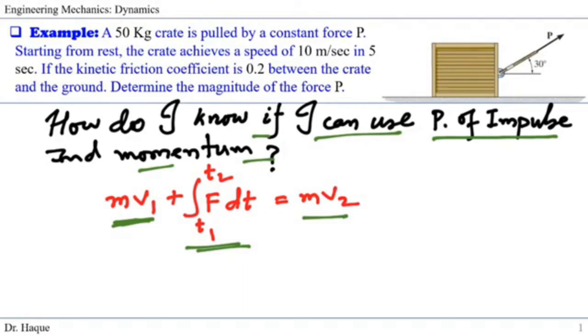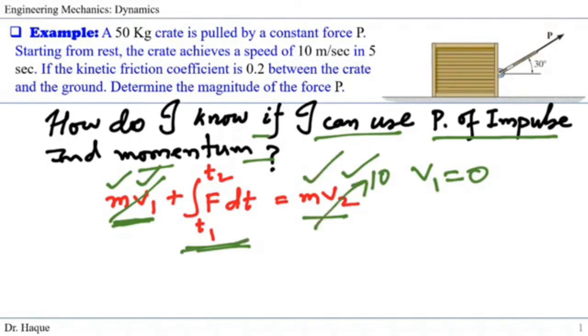Let's examine the equation more rigorously. I have the mass given, and the initial velocity v1 is 0 because it starts from rest. I have v2 as 10, and I know the mass, so the only unknown is this force. Can I still use this principle of impulse and momentum?